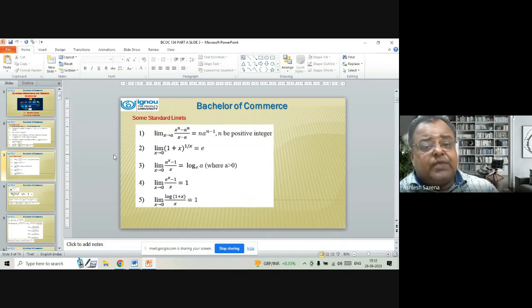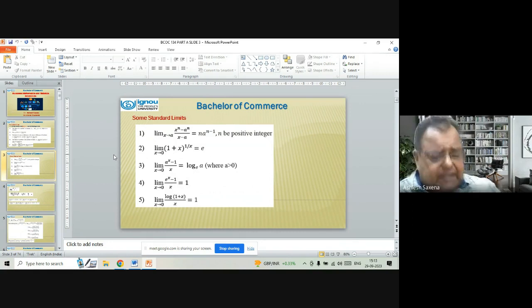Second one is limit x tends to 0, (1 plus x) raised to the power 1 upon x. Its answer will be simply e, that is exponential. If we have limit x tends to 0, (a raised to the power x minus 1) upon x, its answer will be log base e of a.